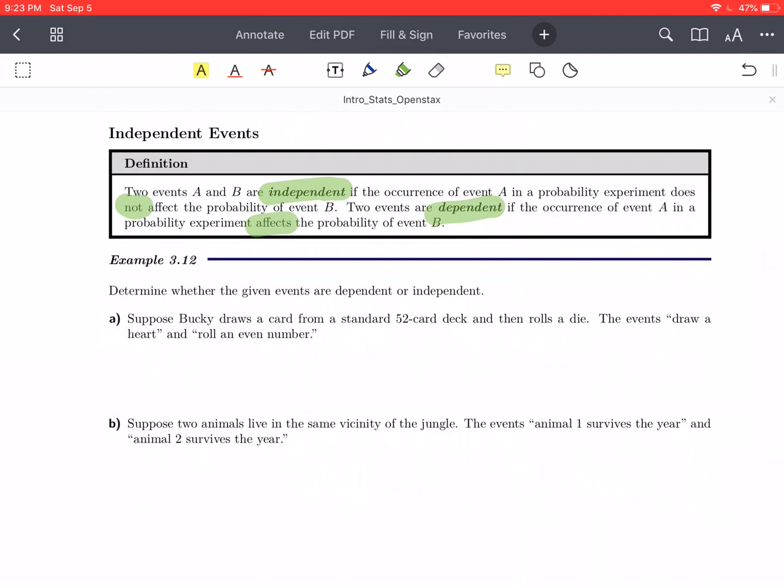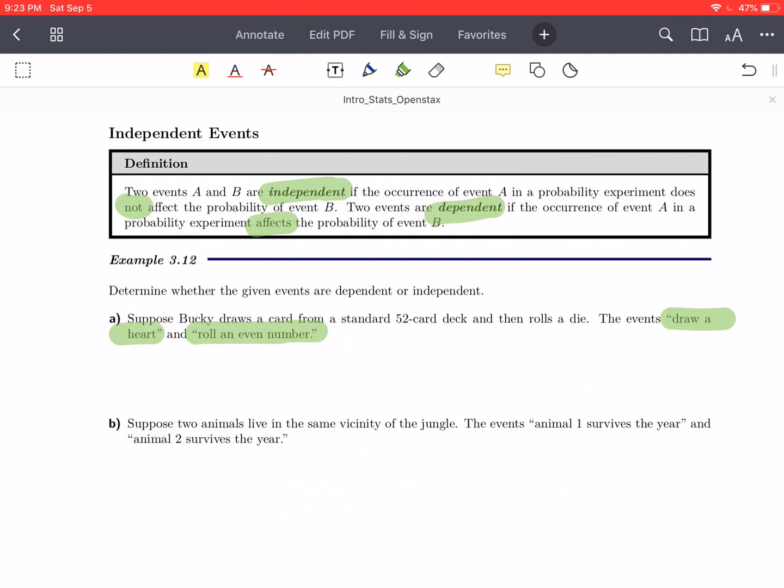For part A, suppose Bucky draws a card from a standard 52 card deck and then rolls a die. The events are: draw a heart, and roll an even number. So the question is, does the probability of one affect the probability of the other?